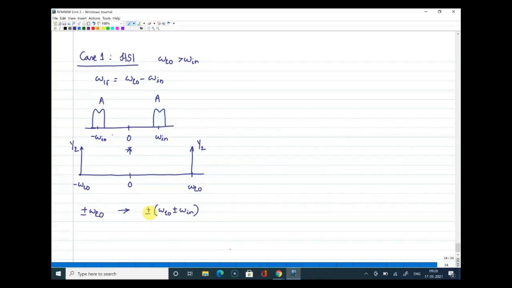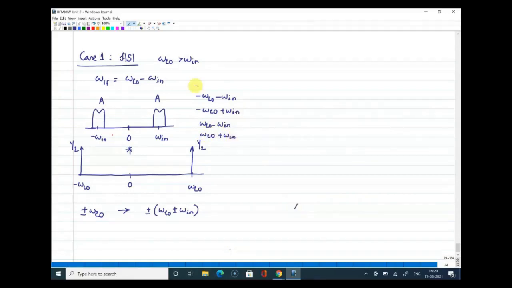The first component will be minus omega LO minus omega in, then minus omega LO plus omega in, then omega LO minus omega in, and omega LO plus omega in. These will be the four frequency components I'll be getting.